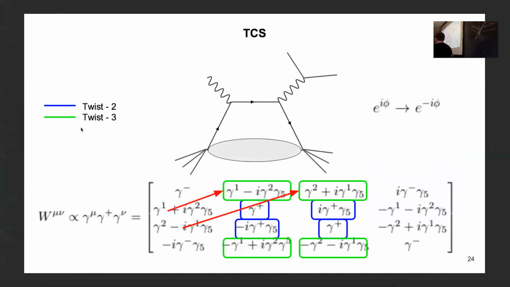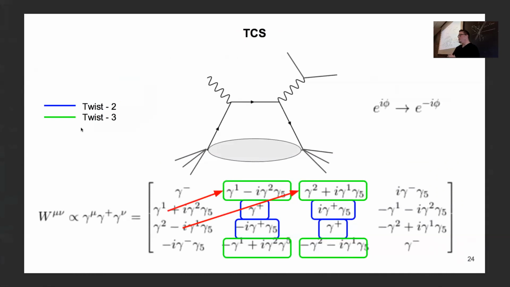So the next process that I'm going to talk about is actually TCS. In TCS, what you do is you have a timelike photon. So now you're looking at a different sector of the hadronic tensor. And what you see right off the bat is that your operators that you were originally looking at in DVCS, the axial vector sector just switches sign.